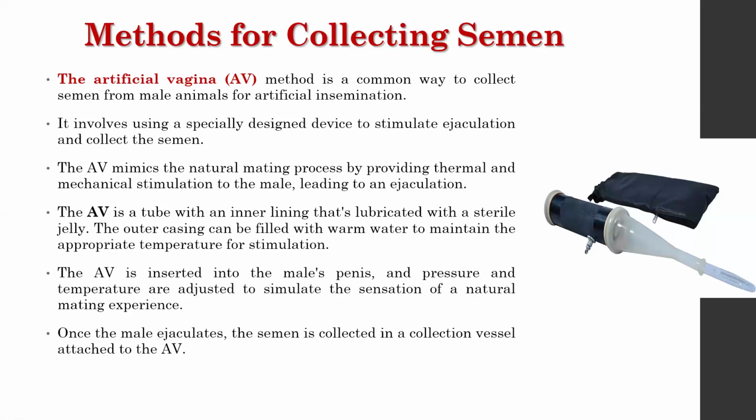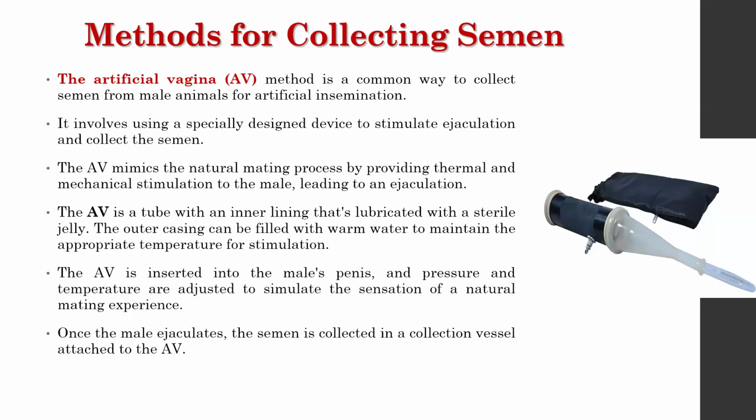For this method, the area should be peaceful and free from dust, and have protection against summer and winter winds also. Then we put the teaser ewe in a neck clamp and introduce the ram for short intervals until the ram mounts.